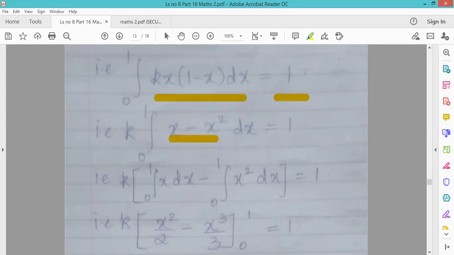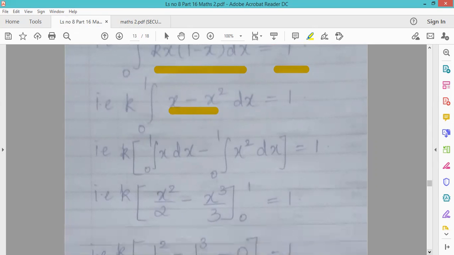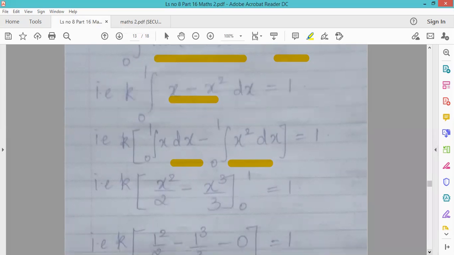Now there's a minus sign in between, so the minus says, integrate separately. So integral 0 to 1 x dx minus integral 0 to 1 x square dx is equal to 1. So integration of x is x square upon 2. Integration of x square is x cube upon 3.